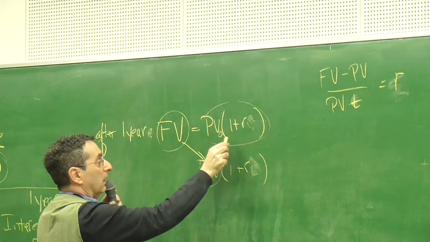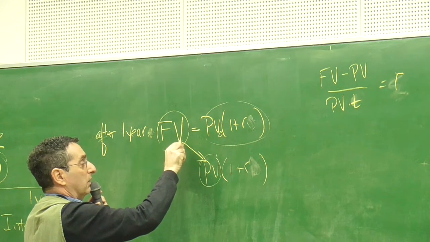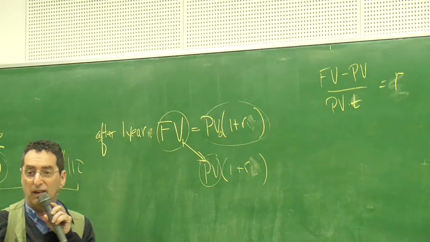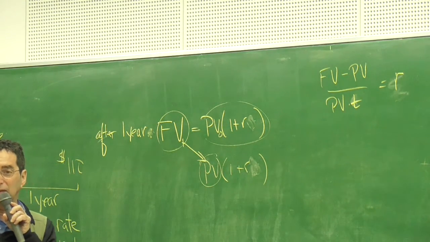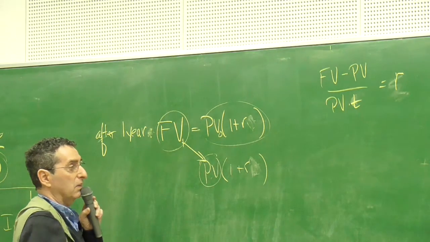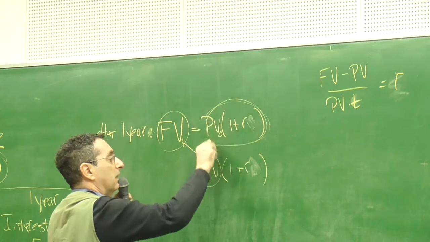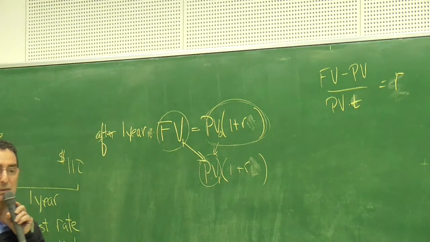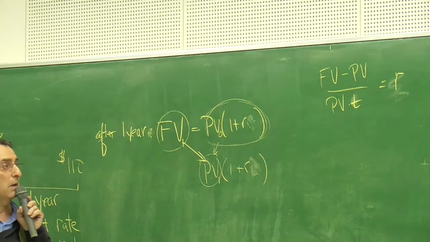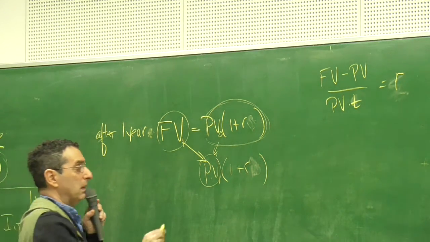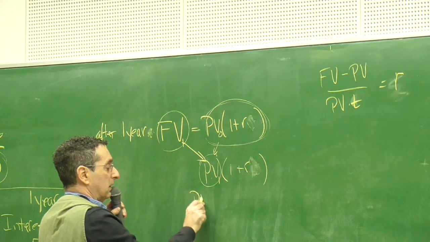So we take, and this is what? FV, what should I put here? FV1? Or, I don't know what to write there, but anyway. So that's what goes in here. So in other words, this goes in here. So this is like PV1. PV1 is equal to PV0 times 1 plus R. Right? So if I replace that, I get this.